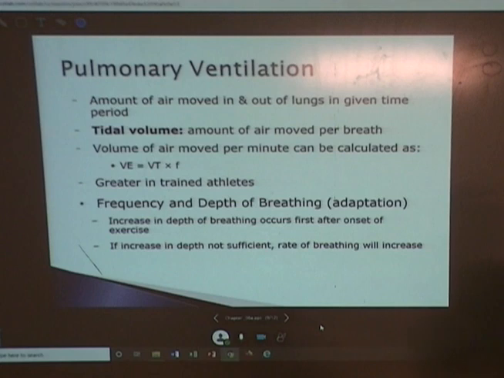If you look at a trained individual, then the same idea as Q at rest, right? Rest is rest. If I'm not doing anything, I only need X amount of air. So 8, but it can go as high as 183 liters per minute. So much, much higher volume of air being moved in a trained individual than an untrained individual, all right?